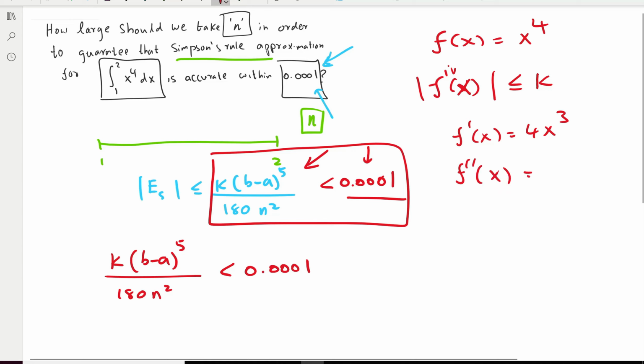If you differentiate once more, the second derivative is 12x squared. The third derivative is 24x. The fourth derivative is 24. The absolute value of 24 is 24, so 24 is the K value.